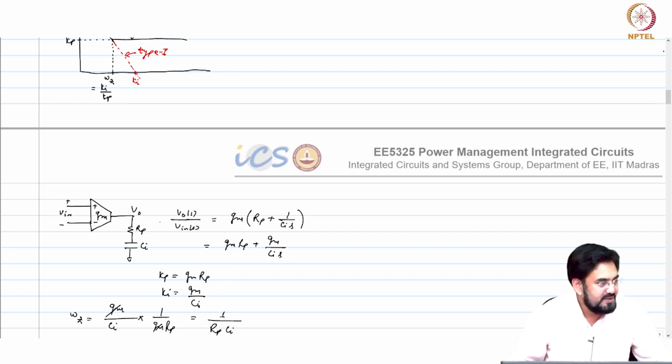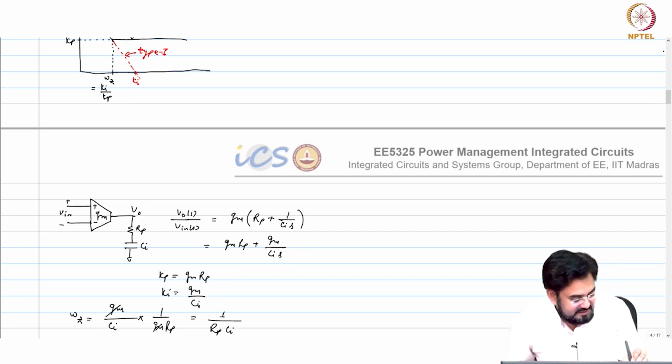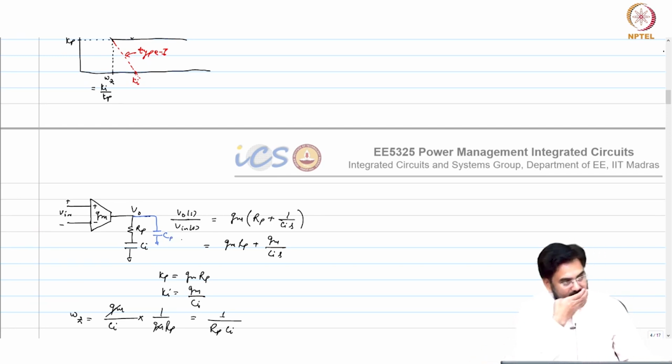So, where will that pole appear? If I have a cap here, let us say, some, let us say I call it CP, where will it appear? 1 by RP CP.